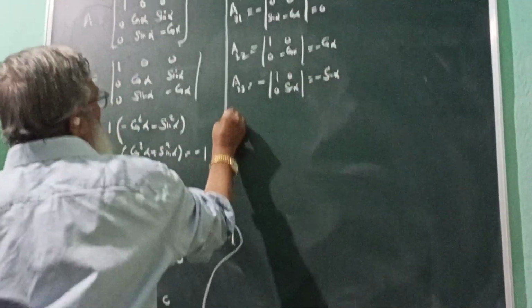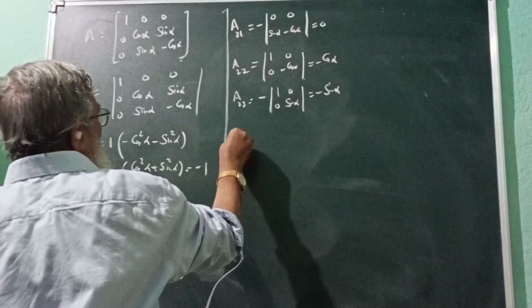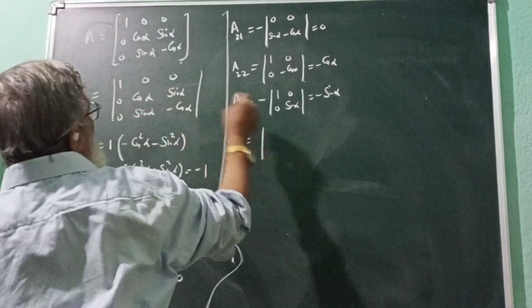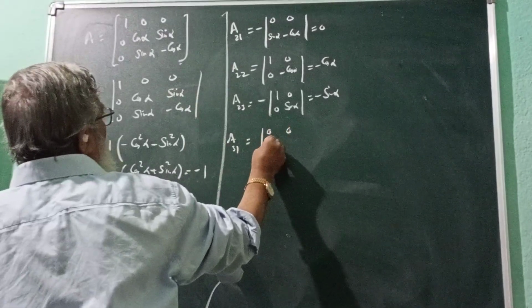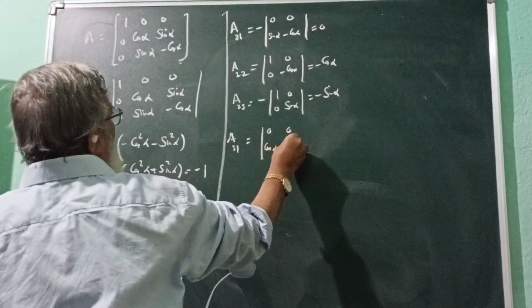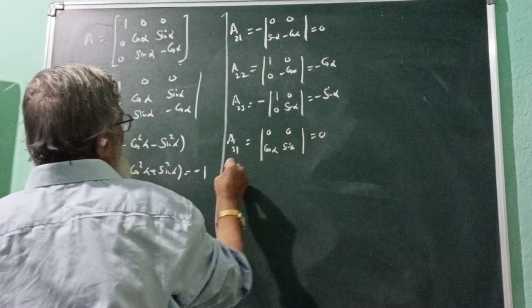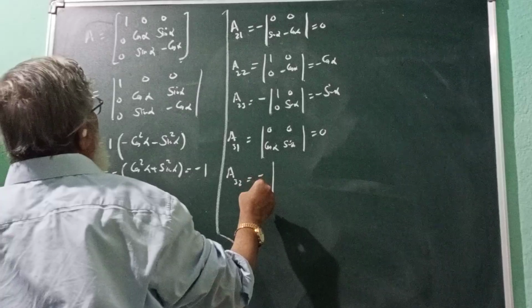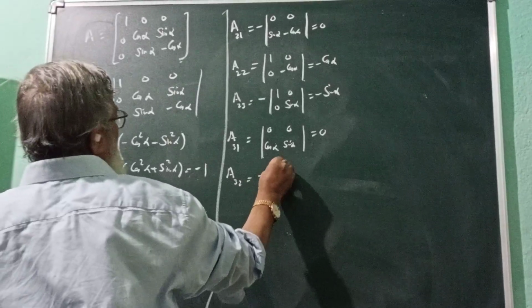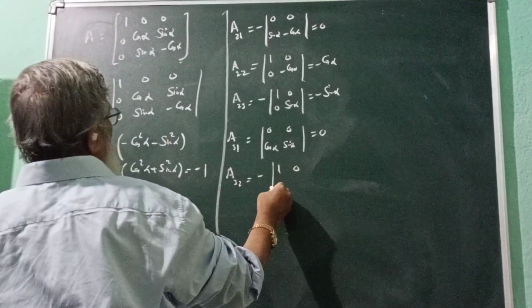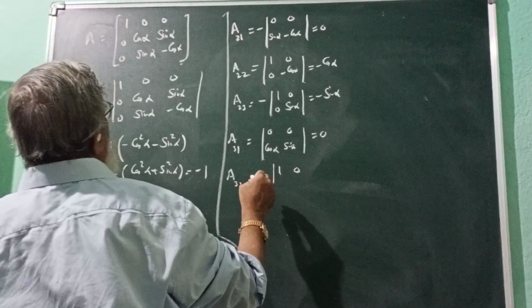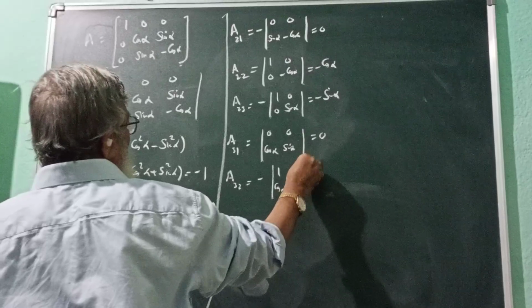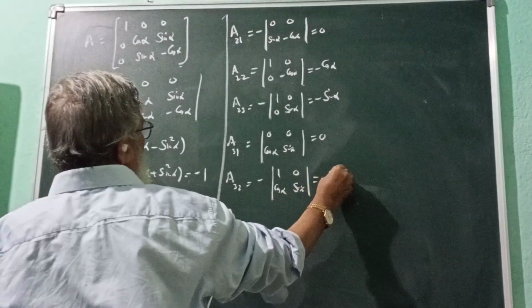The cofactor of the third row, first column: the sign is positive. Delete the column, delete the row: 0, 0, cos alpha, sin alpha. That is also 0. Third row, second column: the sign will be minus. It is 1, 0, 0, sin alpha, that is minus sin alpha.